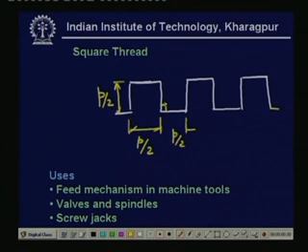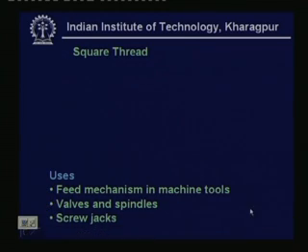So, this is very often used in power screws to transmit motion in both directions. Normal uses are the feed mechanisms in machine tools, valves and spindles, and then screw jacks. We will have enough opportunities to study this kind of screw thread in detail in due course. So, this is about the square thread.